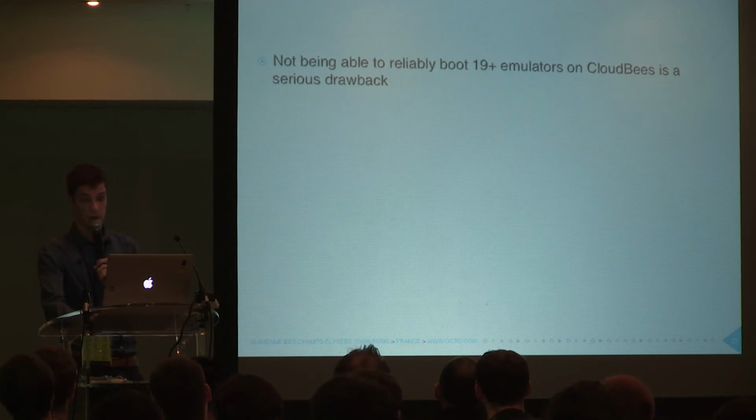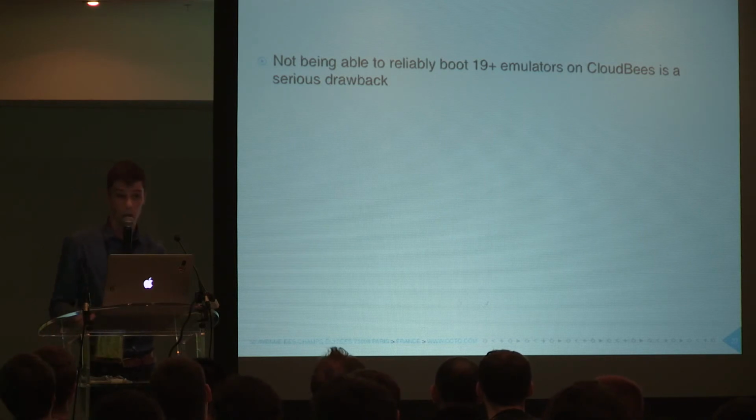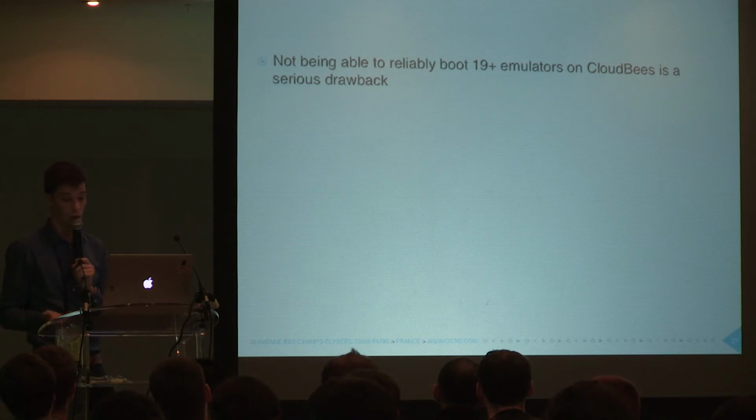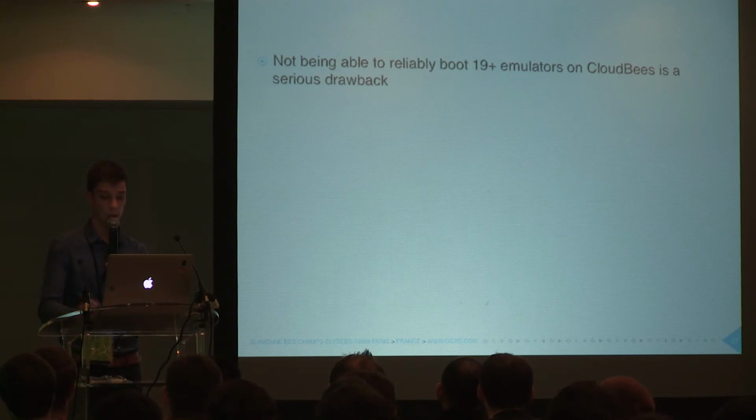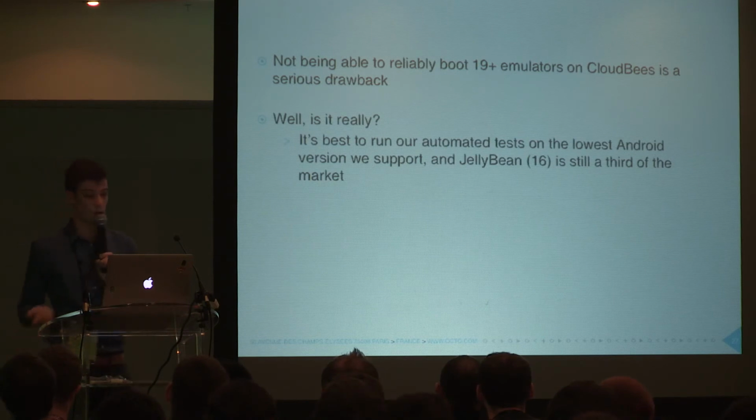And when I contacted the CloudBees support about this issue, actually they don't know what to do. I just think the AVD images are so big, fat, and slow that when we run them headless, they just don't manage to boot on their system. So this is a big drawback, but is it really?